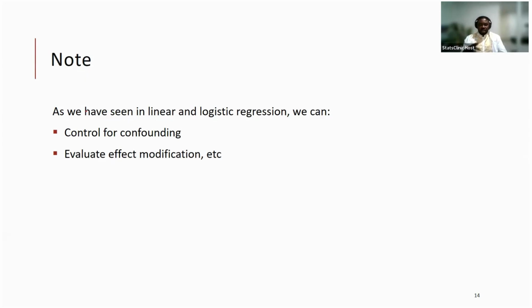We're not going into those details because we just want to get the fundamentals: what is Poisson regression, when do you use it, how do you interpret it? The way you control for confounding, evaluate effect modification, and select models is the same as what we have seen in linear and logistic regression.